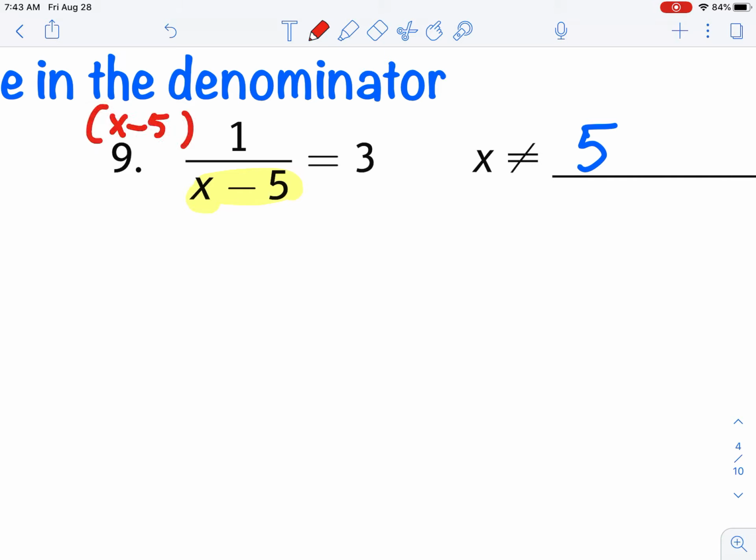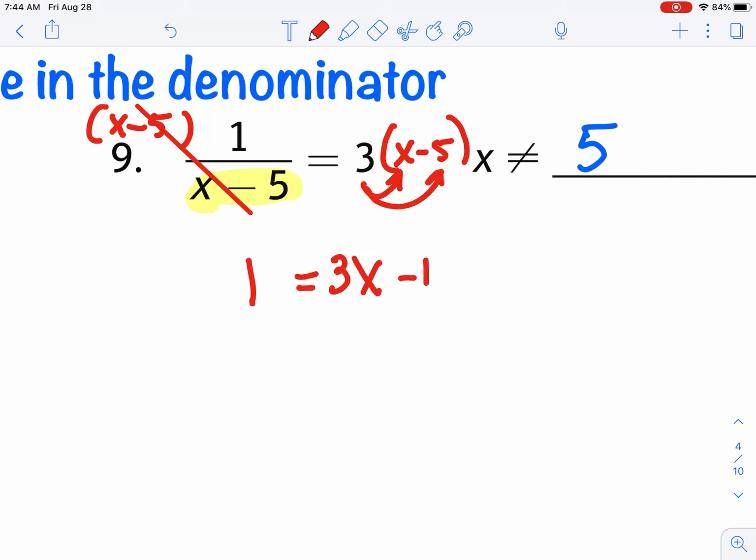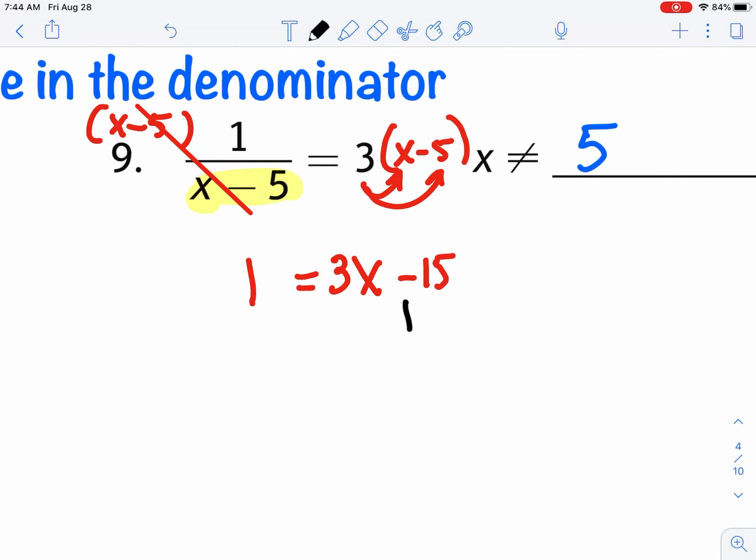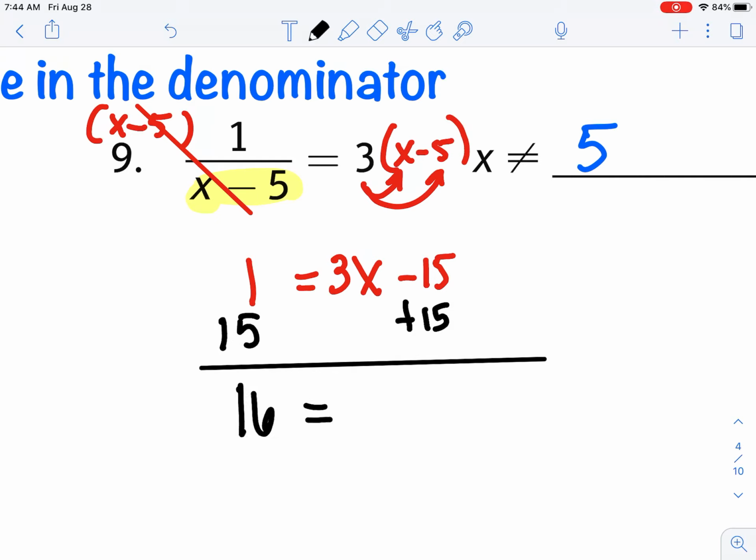So I'm going to clear the fraction by multiplying both sides by x minus 5. Anything divided by itself is 1, and then 3 times x is 3x. 3 times a negative 5 is a negative 15. And now we're going to go ahead and add 15 to both sides, and we get 16 equals 3x.